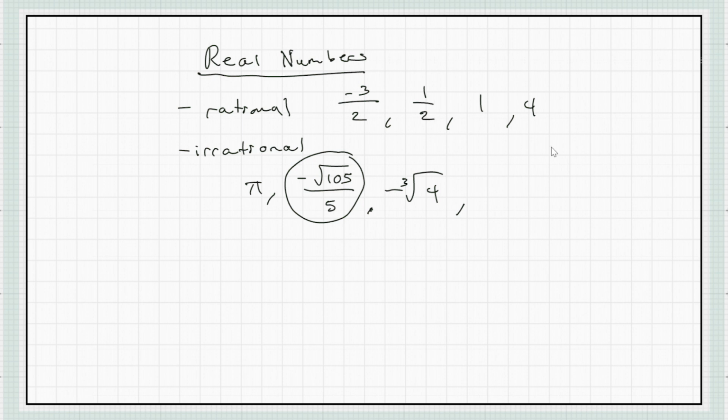So let's just quickly talk about that. When we talk about a rational number, if it's a decimal, it will be repeating or it will be terminating. A repeating decimal is simply any decimal number where the digits repeat in some kind of pattern.